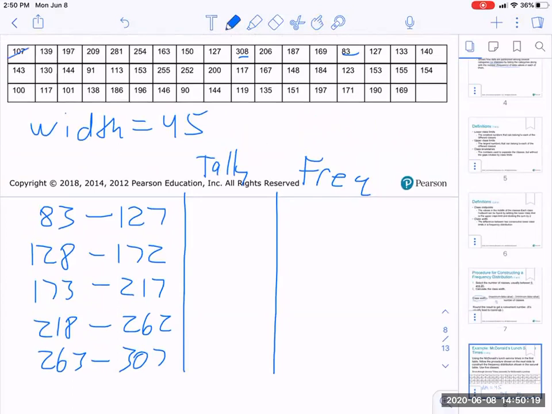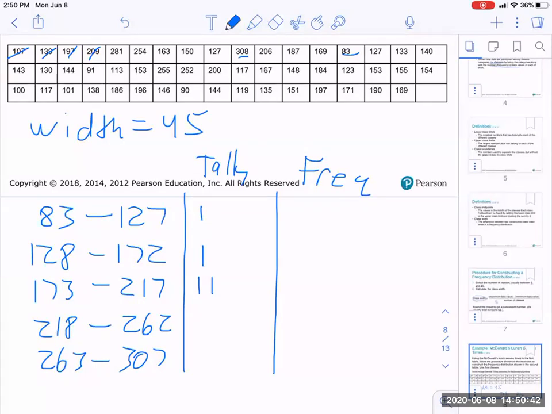So like 107, that fits in here. 139, that fits in here. 197 in here. 209. So I'm just going through all of them, just putting them in there. And then I would get all my tally marks, and then I would just count them and get my frequency.